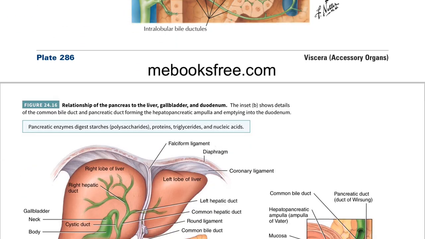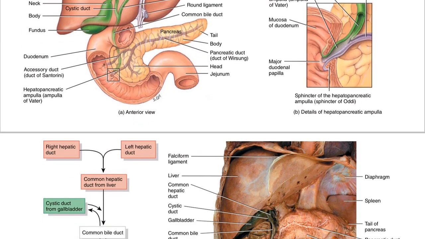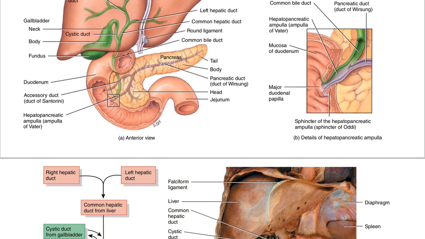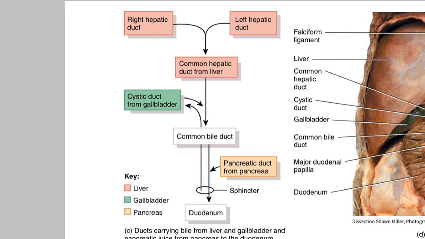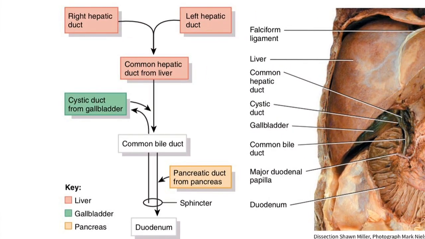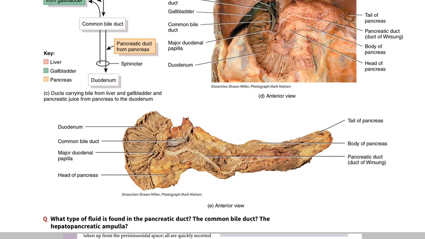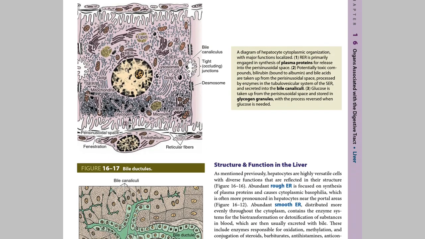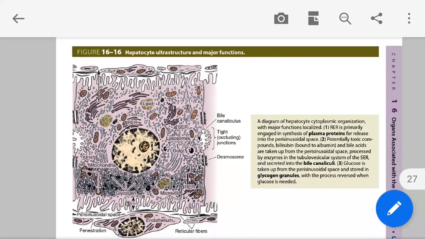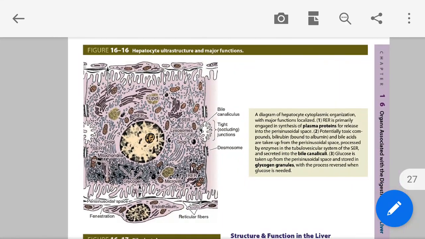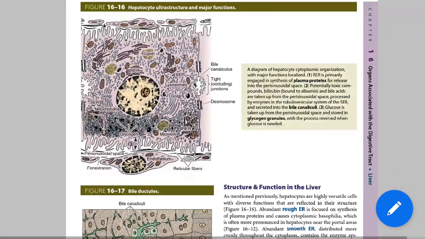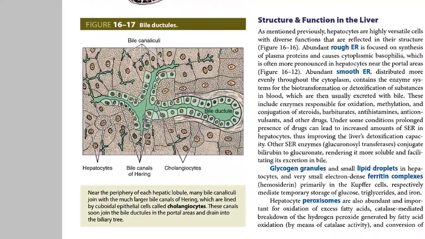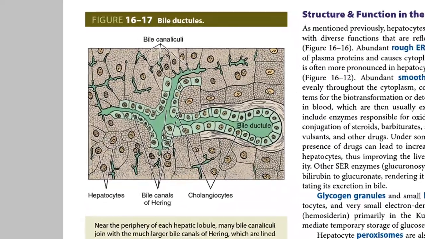We have seen this. Then this is the route of bile. And here a hepatocyte cell is shown, and this is also a very nice figure.